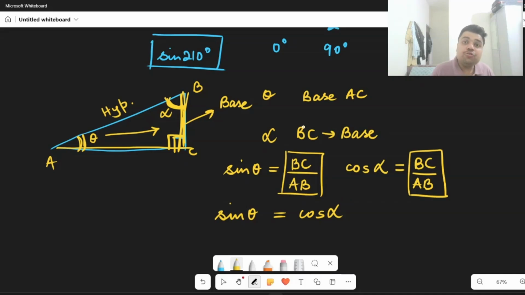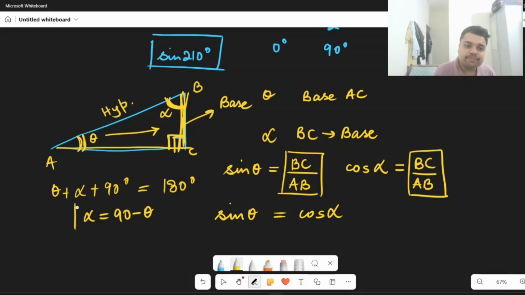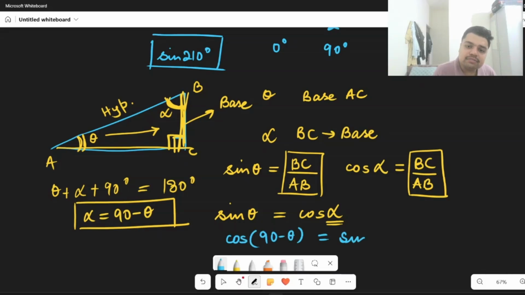Do you know the angle sum property? Theta plus alpha plus 90 should be equal to 180 degrees, right? So alpha is nothing but 90 minus theta. So can I replace this alpha with 90 minus theta? Yes, I can. So I get cos of 90 minus theta is equal to sine theta.